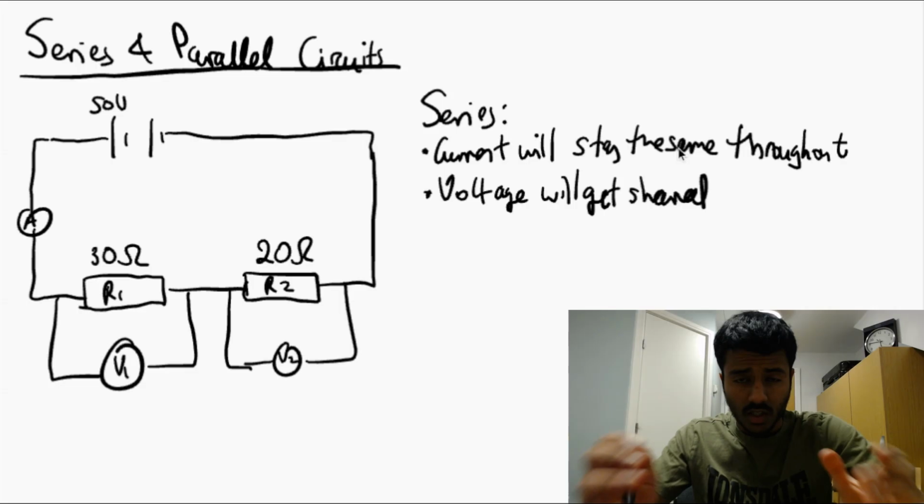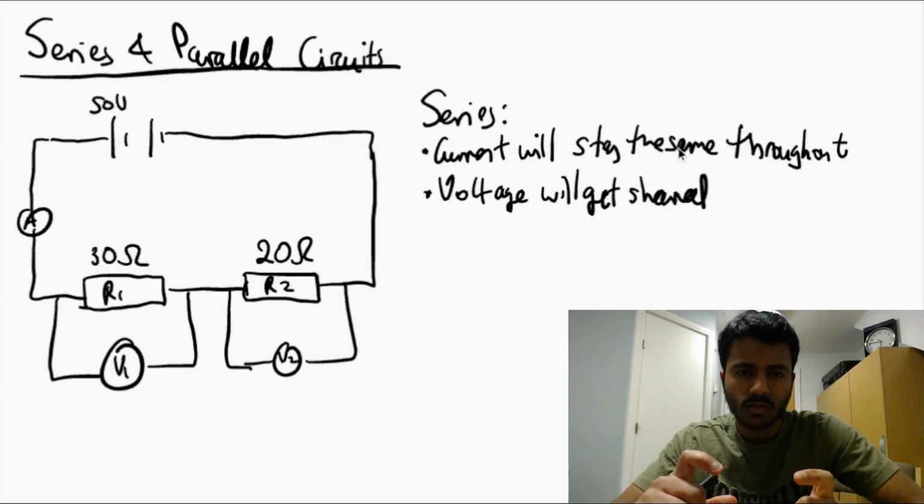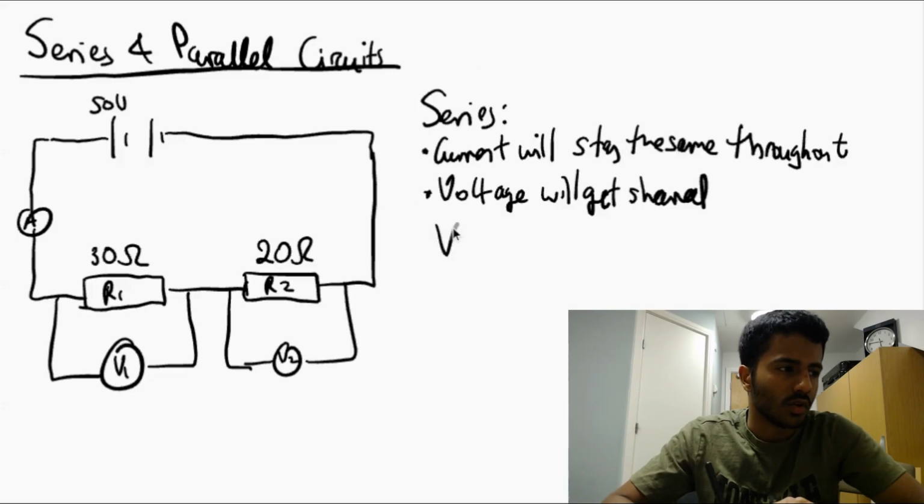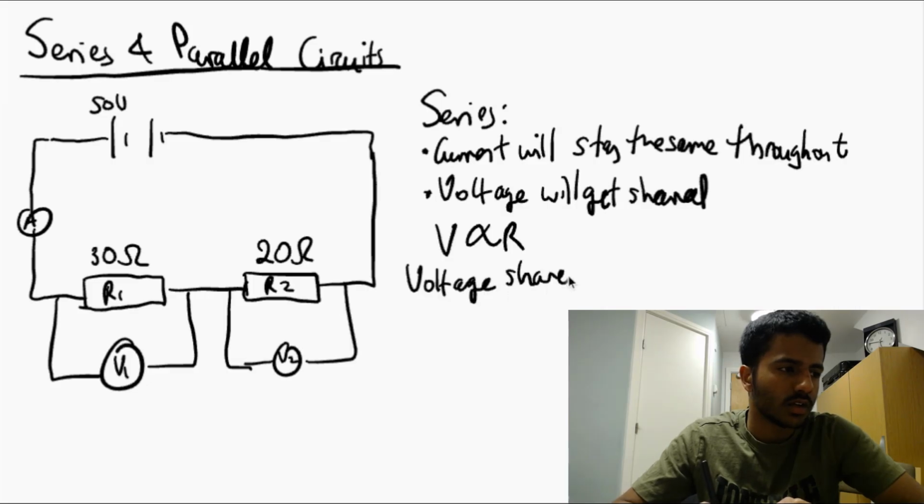Because current is constant, and you know V equals IR, V is therefore proportional to R. So voltage is shared in the ratio of the resistances.